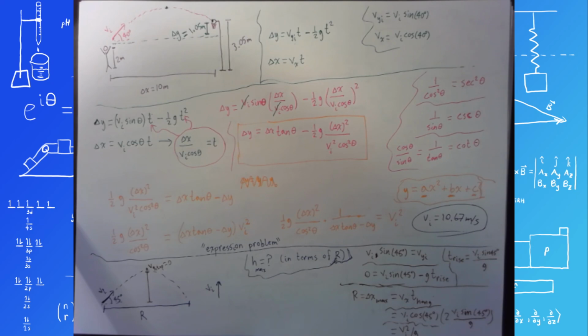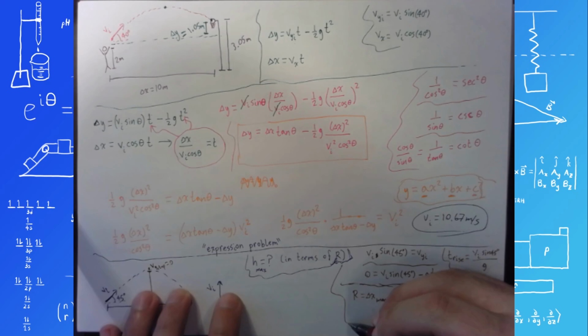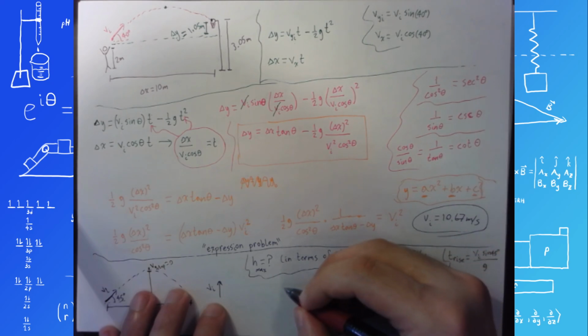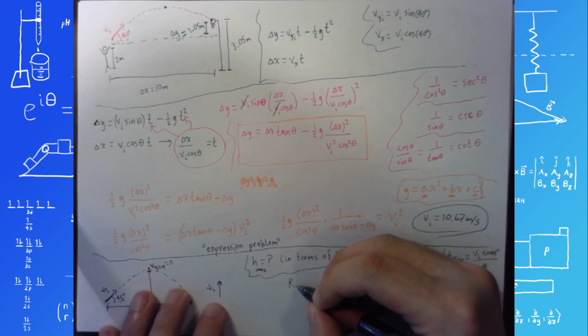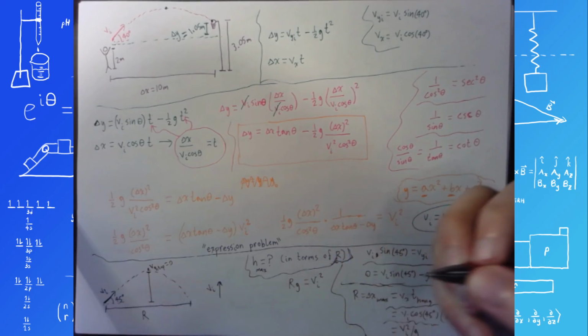Okay. So V initial squared over g is equal to r. So now that I have r equals V initial squared over g, I can multiply both sides by g, and I will get r times g is equal to V initial squared.